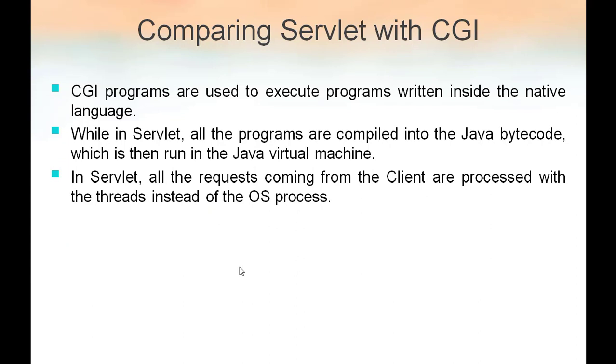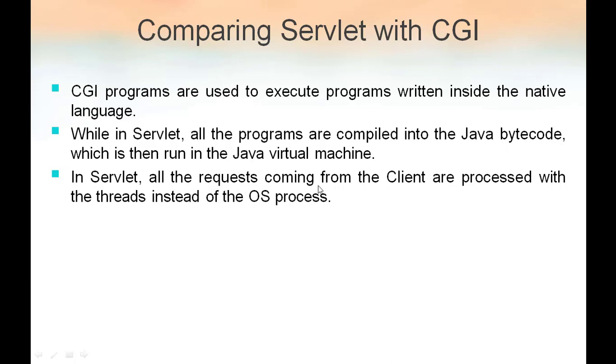Comparing Servlet with CGI. CGI programs are used to execute programs written in the native language. While in Servlet, all programs are compiled into the Java bytecode, which is run in the Java virtual machine.